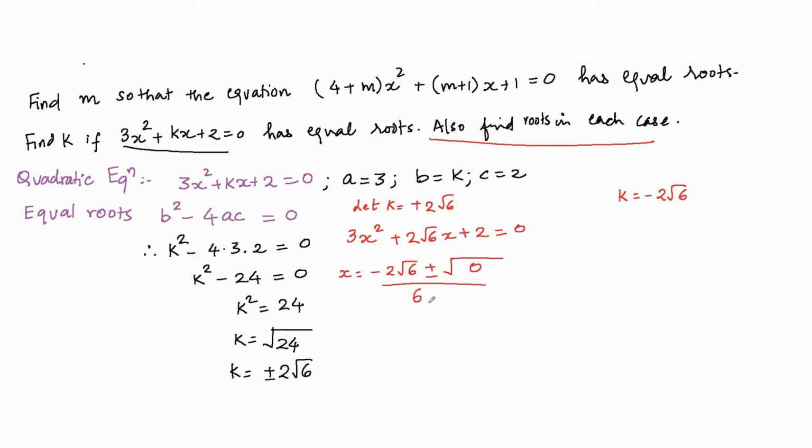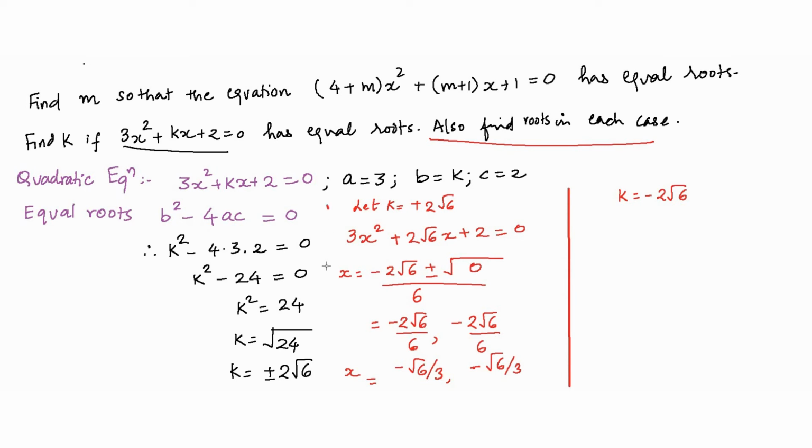So 2 into 3 is 6. And plus or minus square root of 0 is 0. So both the roots are minus 2 root 6 by 6 and minus 2 root 6 by 6, which is equal to minus root 6 by 3 and minus root 6 by 3. So these are the two roots of the given quadratic equation. This is assuming that the value of k is positive 2 root 6.